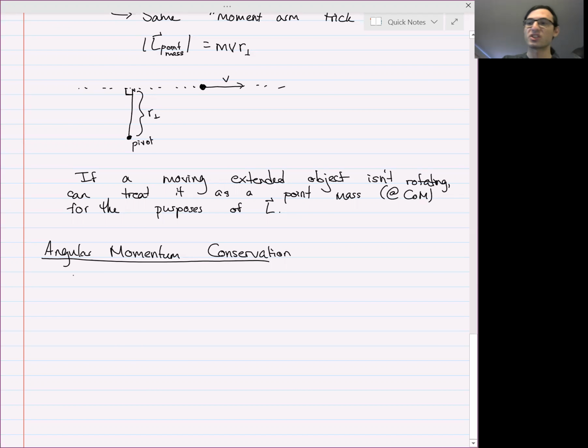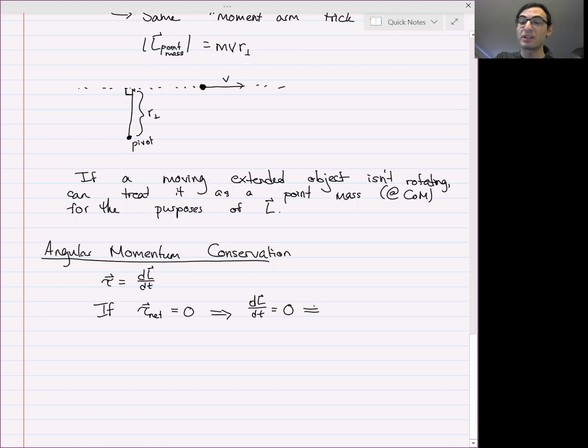Just as a quick reminder, torque is the time derivative of angular momentum. Useful fact. So that means that if the net torque on the system is 0, that implies that dL/dt is 0, right?